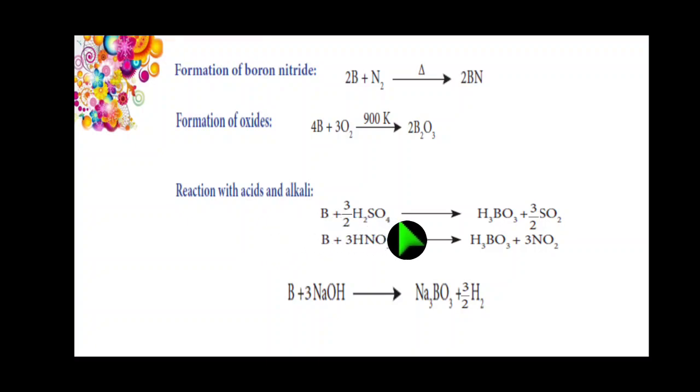Then boron reacting with the sulfuric acid. See the hydrogen on both sides. Right side 3 hydrogen, left side make it 3. So 3 by 2, the 2 cancels, 3 hydrogen. And 3 by 2 belongs to sulfur and oxygen also. So in front of the sulfur give 3 by 2.